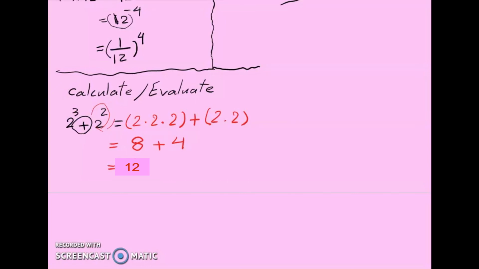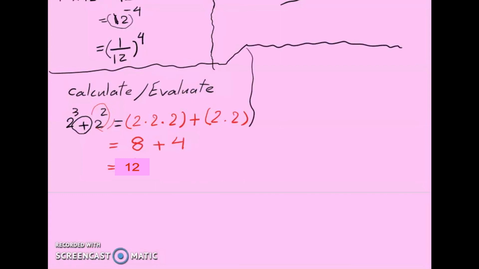I'm going to give another example. Okay. How is that the question? Exactly the same question. Evaluate 2 to the 3, but instead of addition, let's do subtraction. 2 to the 3 subtract 2 to the 2, let's say.